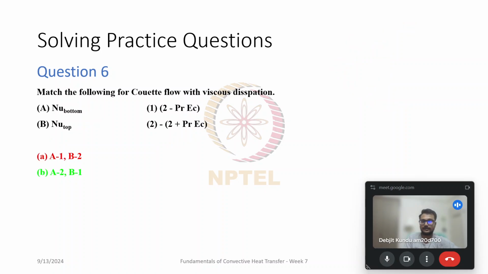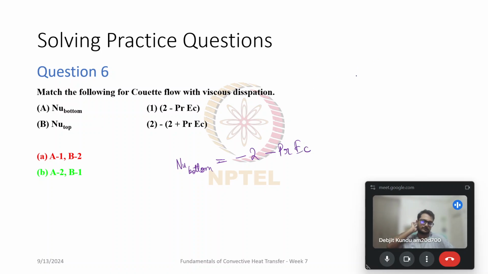Let's quickly take a look at the solution. It's actually option B, A2 B1. So basically Nu at the bottom is, there heat transfers away from it, so that's why the values are negative. So it's minus 2 minus Prandtl number into Eckert number.